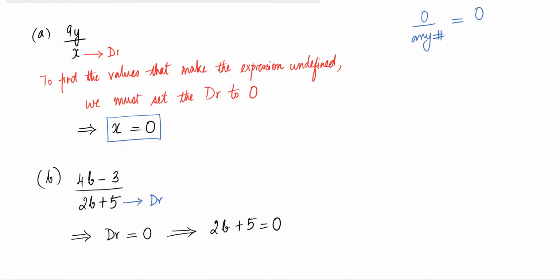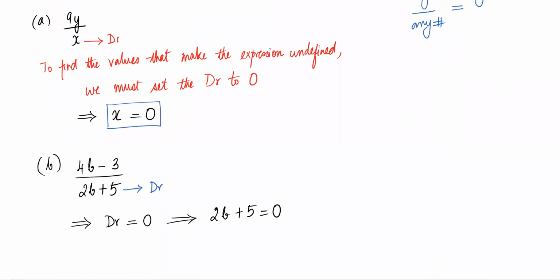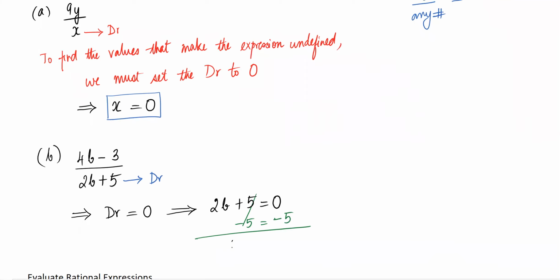Go ahead and solve for b because b is your missing variable. At this point, we are recalling all that we learned in chapter 2. Chapter 2 was solving equations. So you're just going to solve the equation here by collecting all your variables on one side and all the constants on the other side. That'll be 2b equals -5.